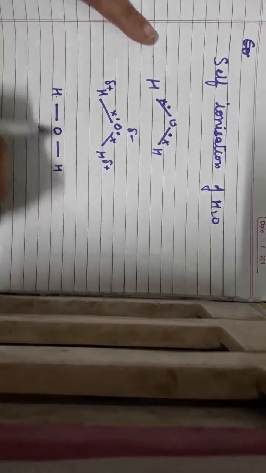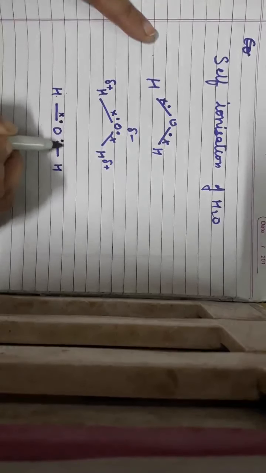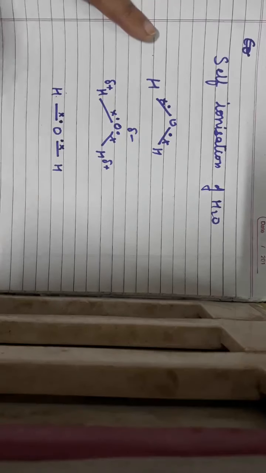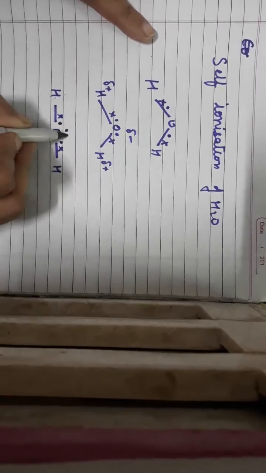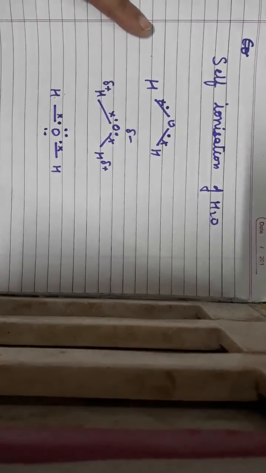So these are the shared pairs of electrons which are already near to oxygen, and oxygen also contains 2 lone pairs of electrons. This is the actual electron dot structure of water.